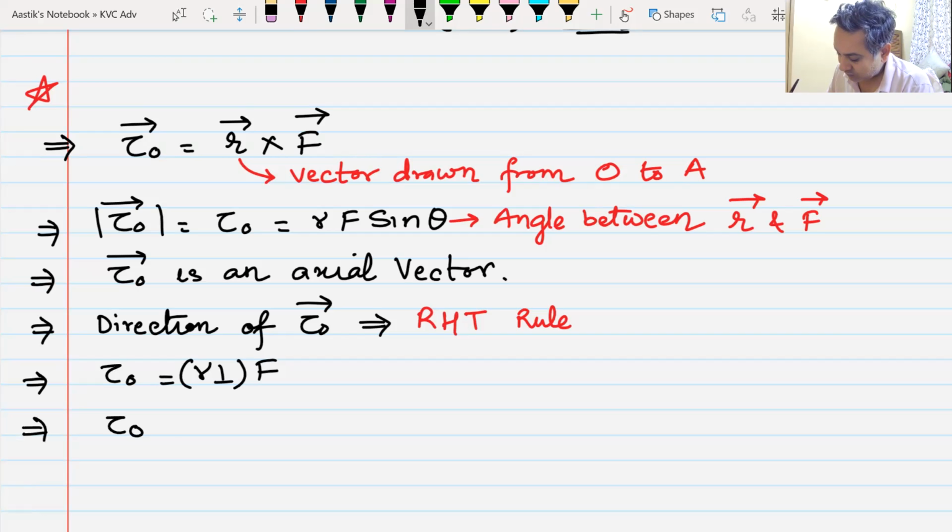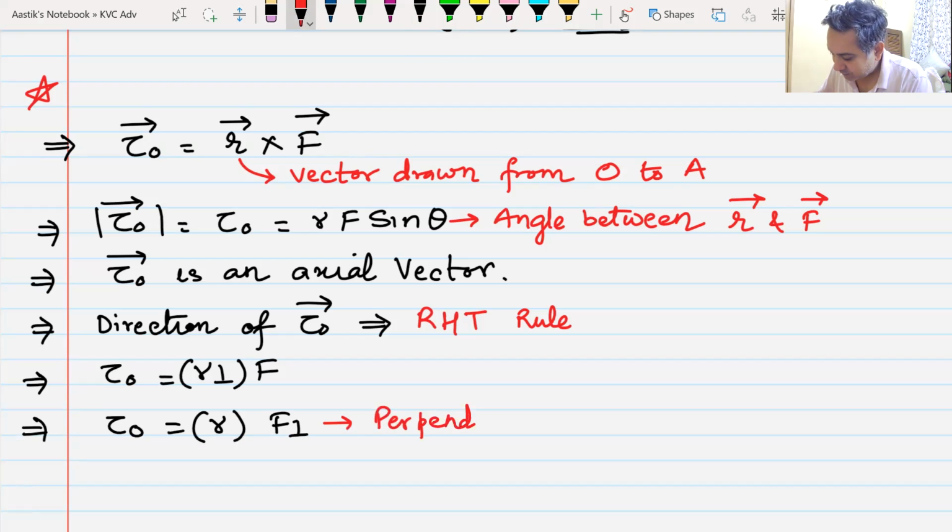This tau naught can also be written as R multiplied by F perpendicular, where F perpendicular is the component of force which is perpendicular to R vector. Do you understand this? Yes, sir.